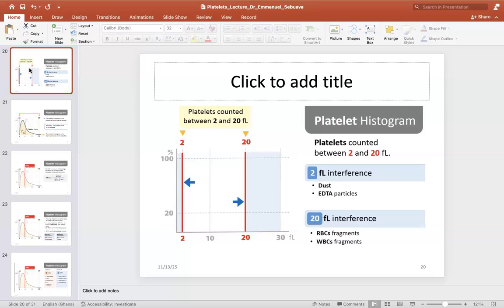If they are not well troubleshot, if you are doing your QC checks and your background is not well checked, these things will end up interfering with your platelet count. So if you do your background checks and it is clean, you are sure that these things won't come to affect your platelet count.